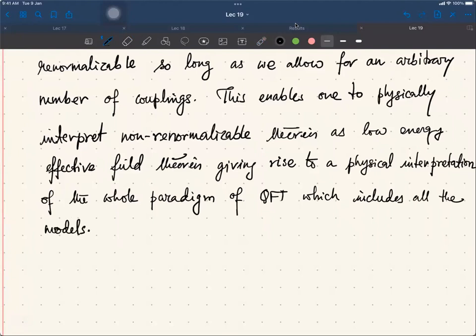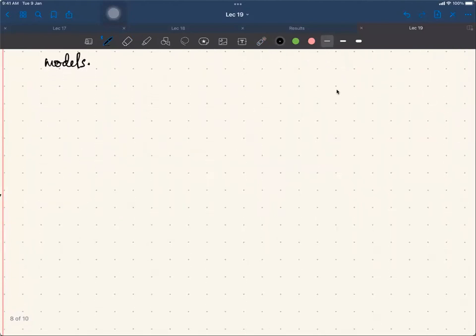How it's a low energy effective field theory, how we can view it as a low energy effective field theory, will be seen, and we'll probably have a more detailed discussion later. I don't want to go into clarifying that point right here.